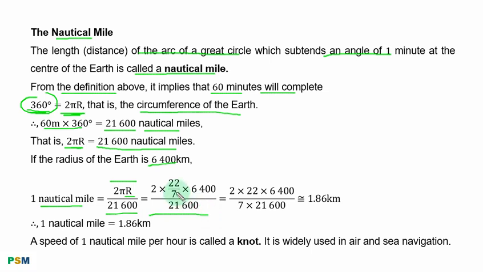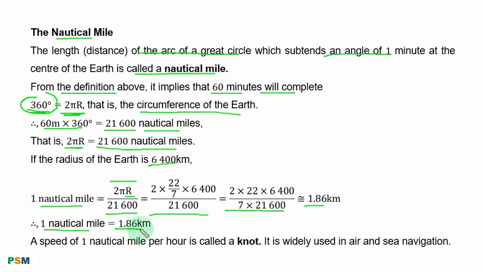You can bring 7 down to meet 21,600. After multiplication and division, you have 1 nautical mile approximately equal to 1.86 kilometers.